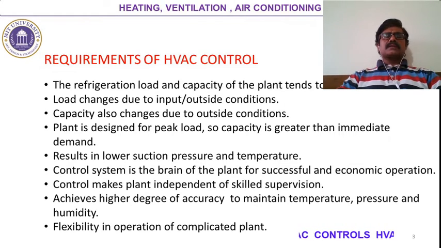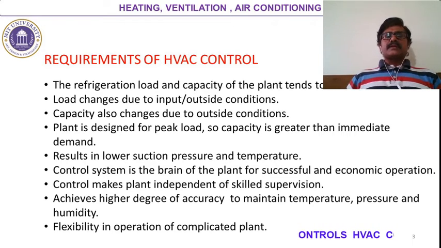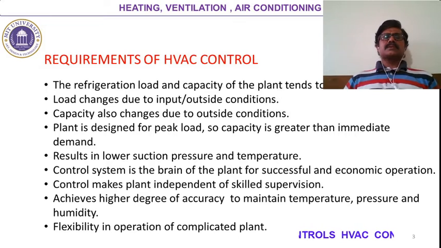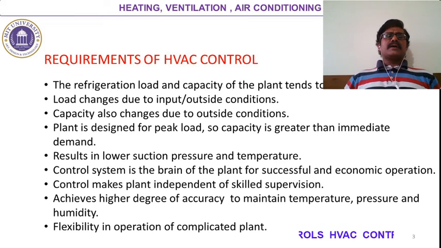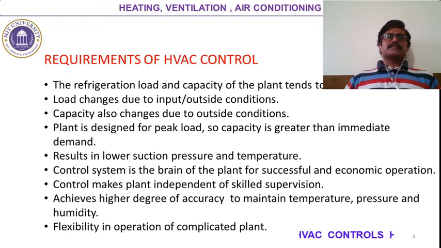We can also say that the control system is nothing but the brain of the plant for its successful and economic operation. It is the CPU of an HVAC system for its proper, successful and economical operation. Incorporation of this control system makes the plant independent of skilled supervision.